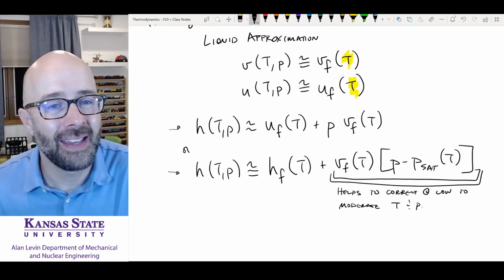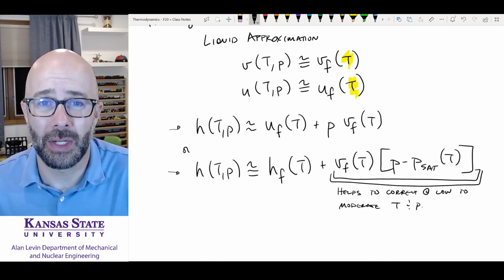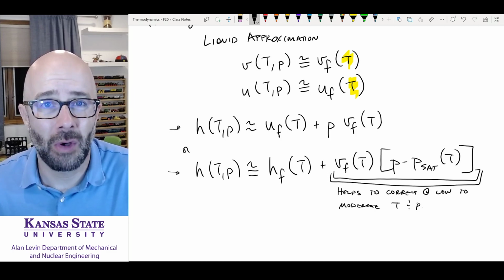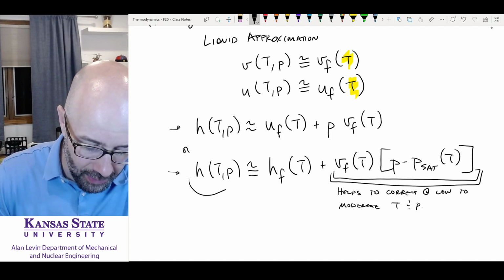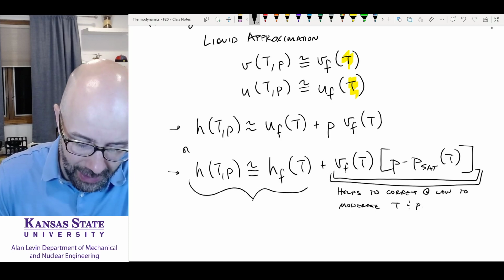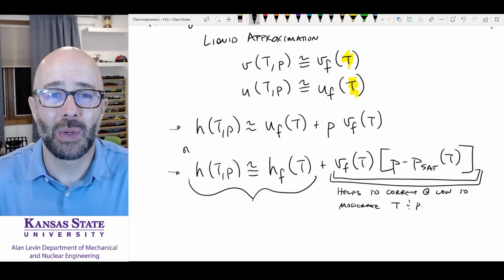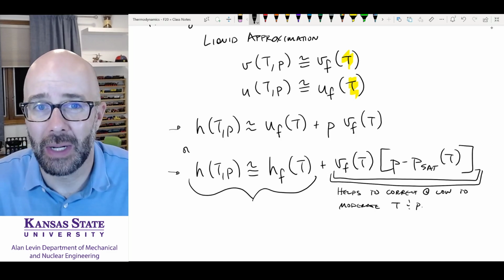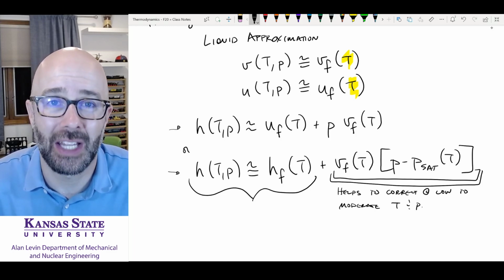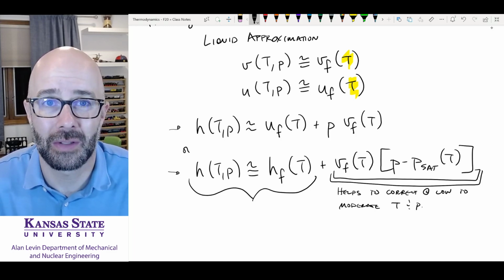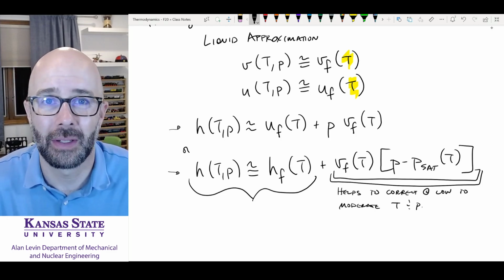Now, the situations that we're going to be dealing with in this class are often moderate to high pressures. And so for all intents and purposes in this class, we are going to follow the same rules that we did with internal energy and specific volume and say if we have a liquid, the enthalpy of the liquid is approximately equal to the enthalpy of the saturated liquid at the temperature that we're concerned with. We don't have to worry about this correction that we could add on to it.